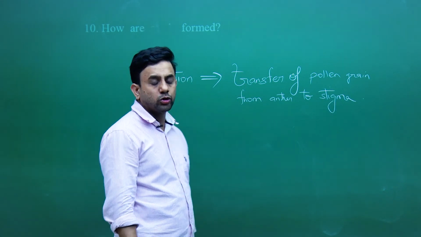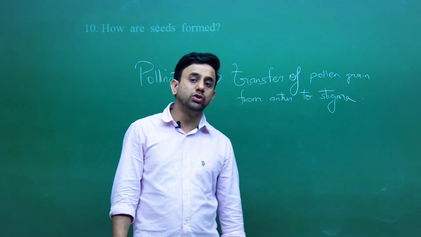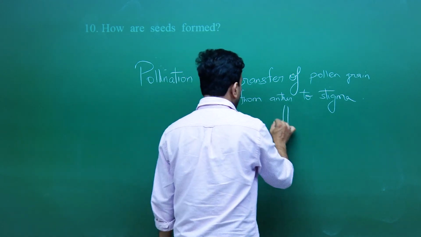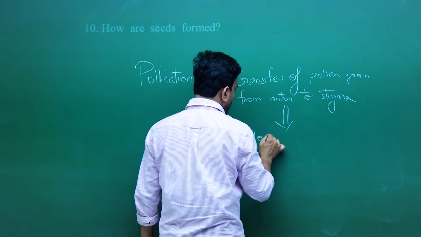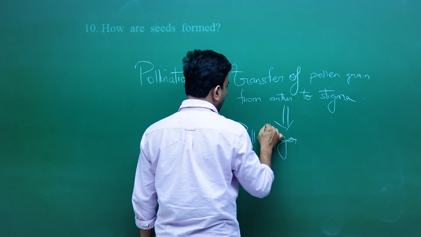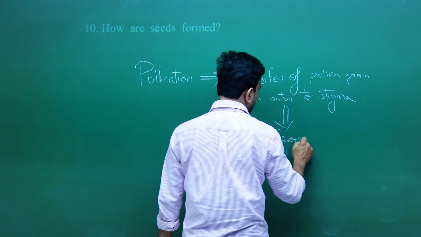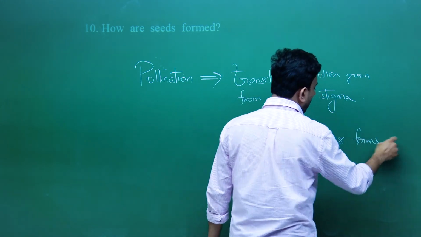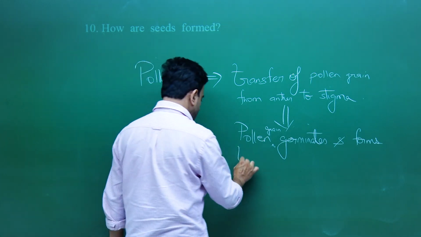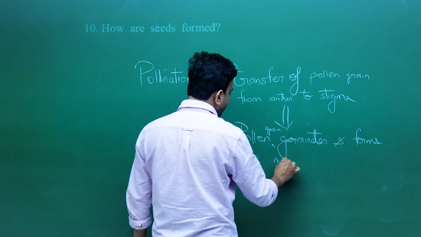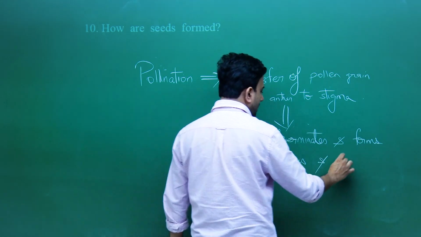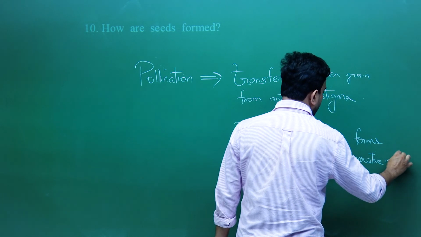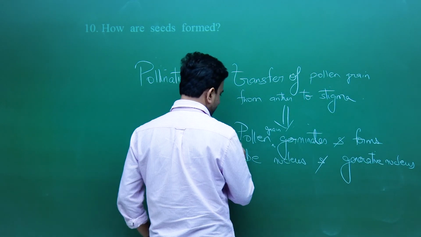Then the pollen grain germinates and there is formation of 2 nuclei: one is the tube nucleus and the other is the generative nucleus.